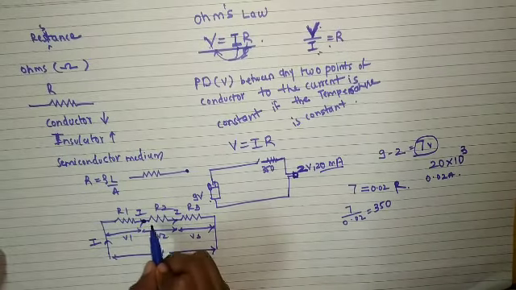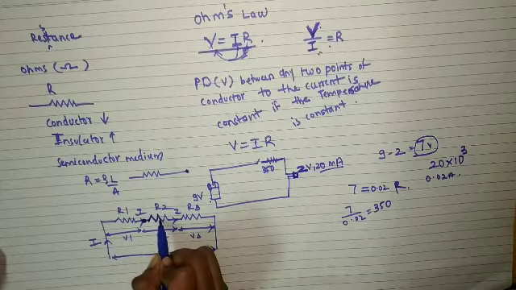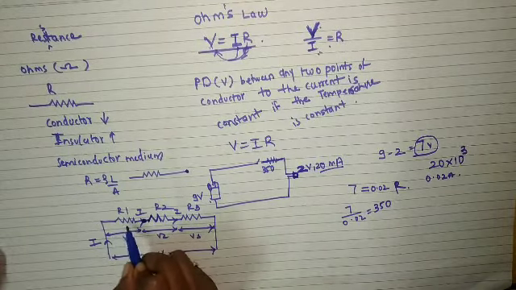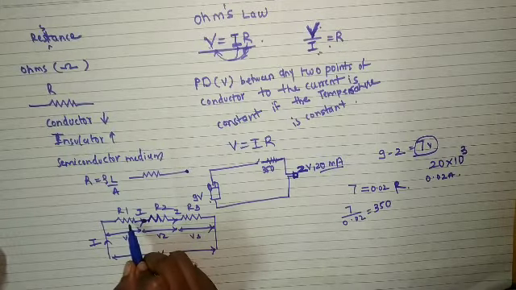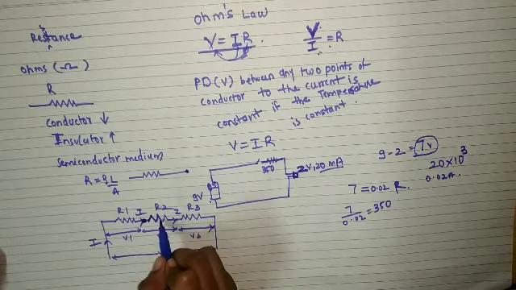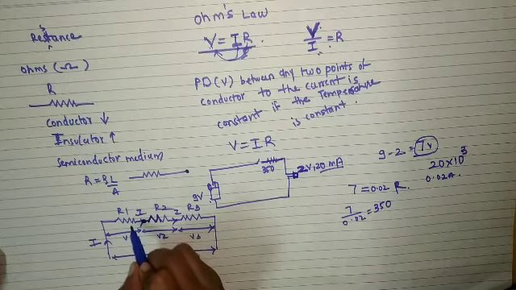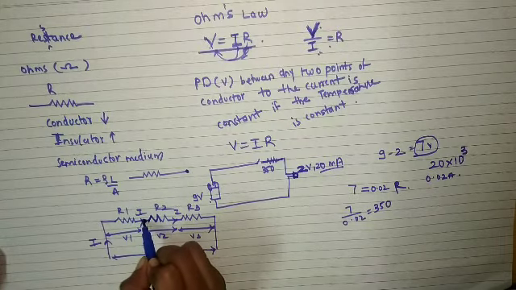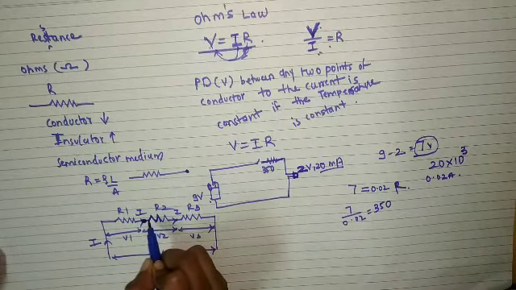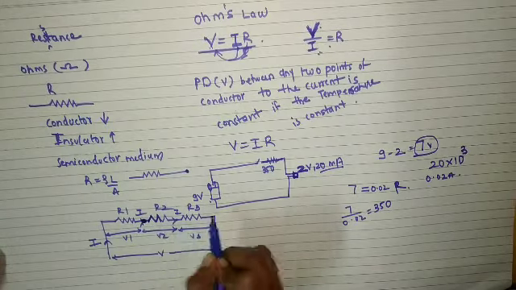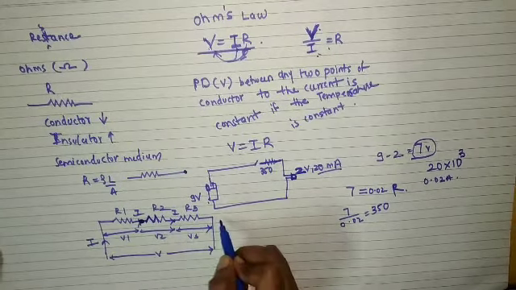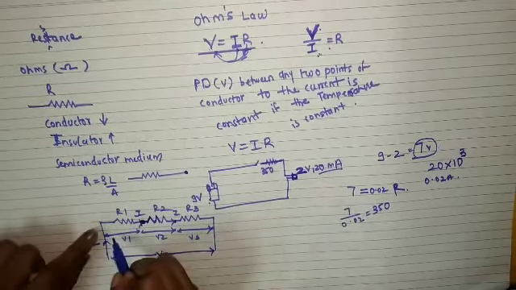You can see the first resistance and the second resistance, and the finishing terminal of the first is connected to the starting terminal of the second. Similarly here. So this is the condition of the series connection.